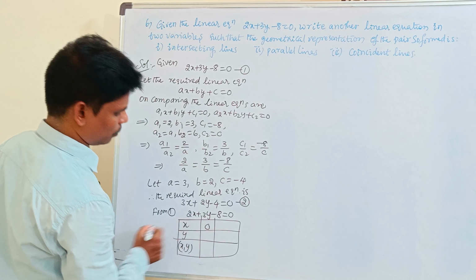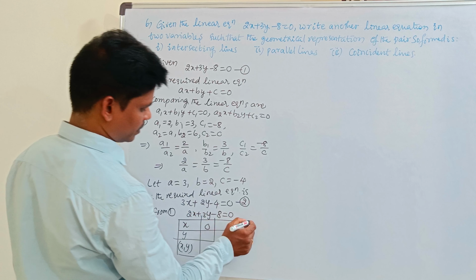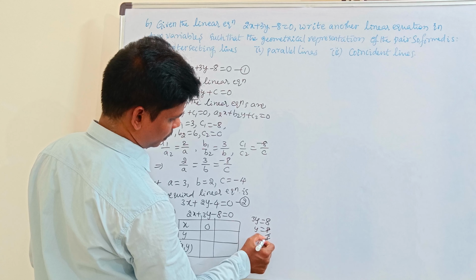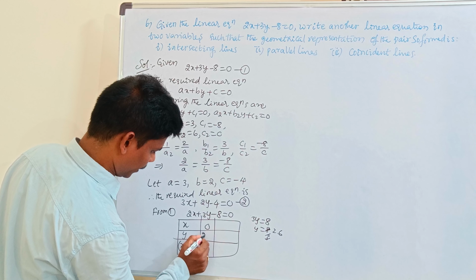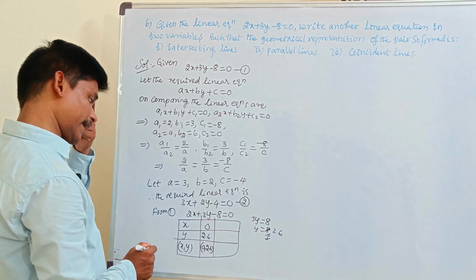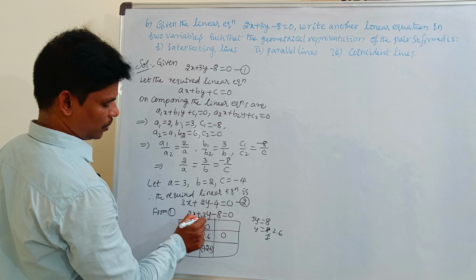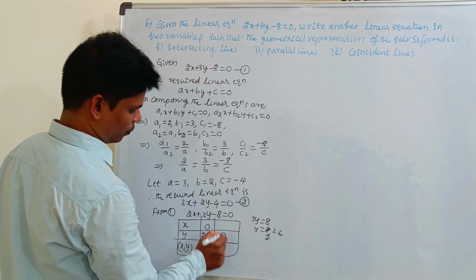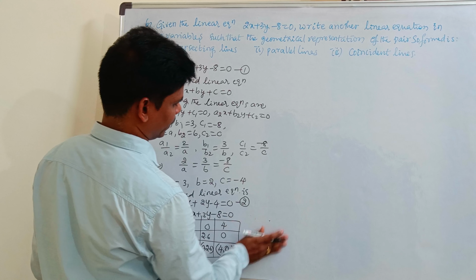Suppose x equal to 0, so 3y is equal to 8, y is equal to 8 by 3, which is 2.6. So 0 comma 2.6. Next, suppose y is equal to 0, so 2x is equal to 8, x is 8 by 2, 4. So 4 comma 0 is the point.